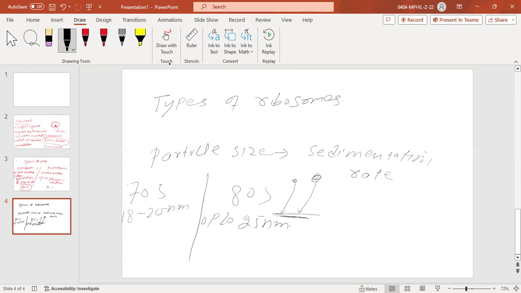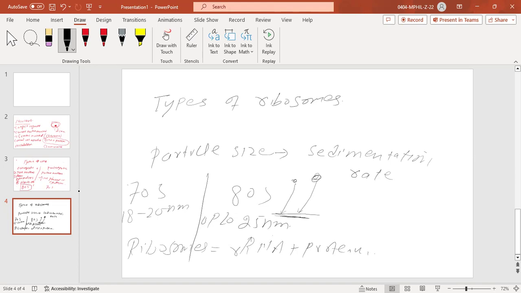Now, ribosome, as I've told you, is composed of two main components: ribosomal RNA plus protein. This is what we call ribosomal RNA, because this is a specific RNA which is present in the ribosome.